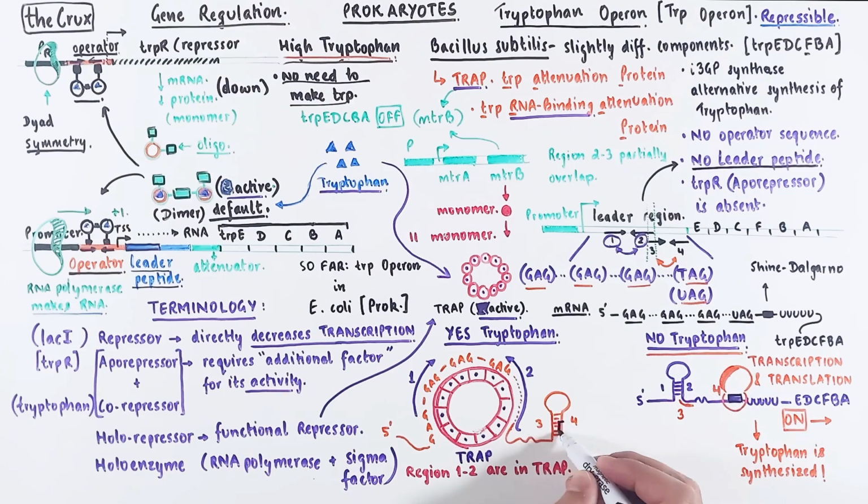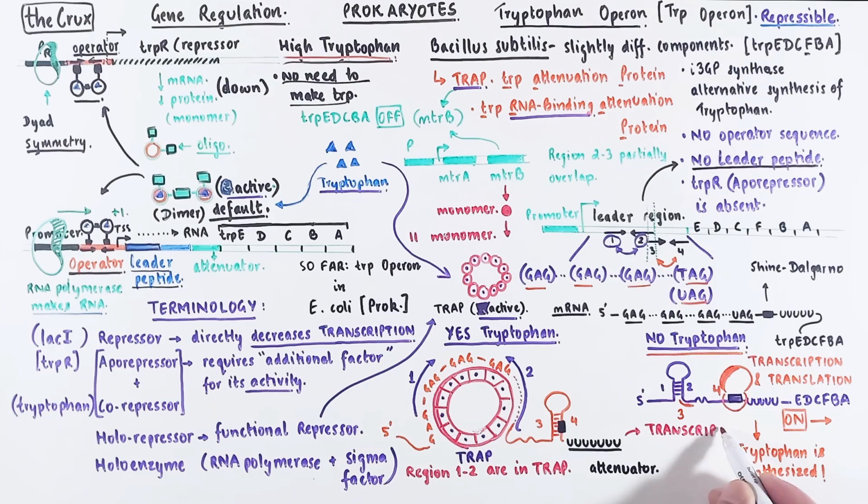The region 4 overlaps with the Shine-Dalgarno sequence. So forming this hairpin means that the ribosome cannot access the Shine-Dalgarno sequence. On top of this, the region 3 and 4 hairpin is next to the attenuator sequence, which means that the RNA polymerase transcription will intrinsically terminate as well.